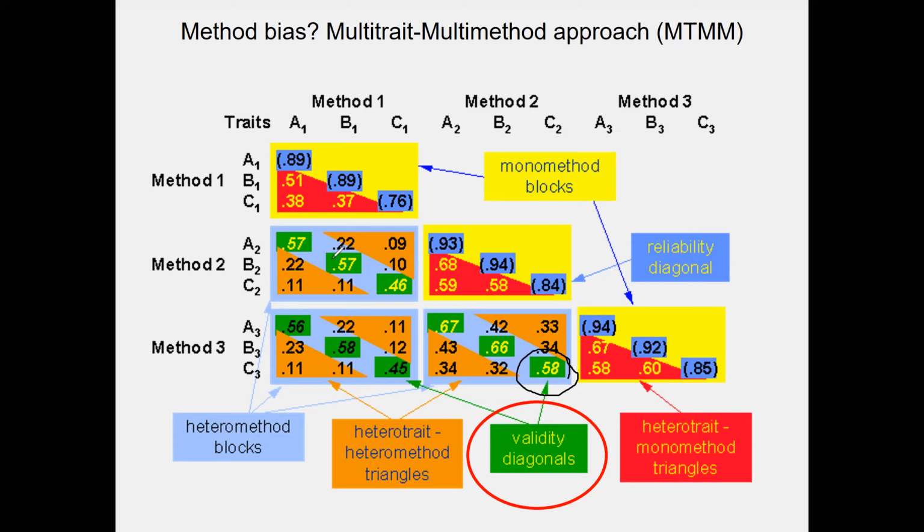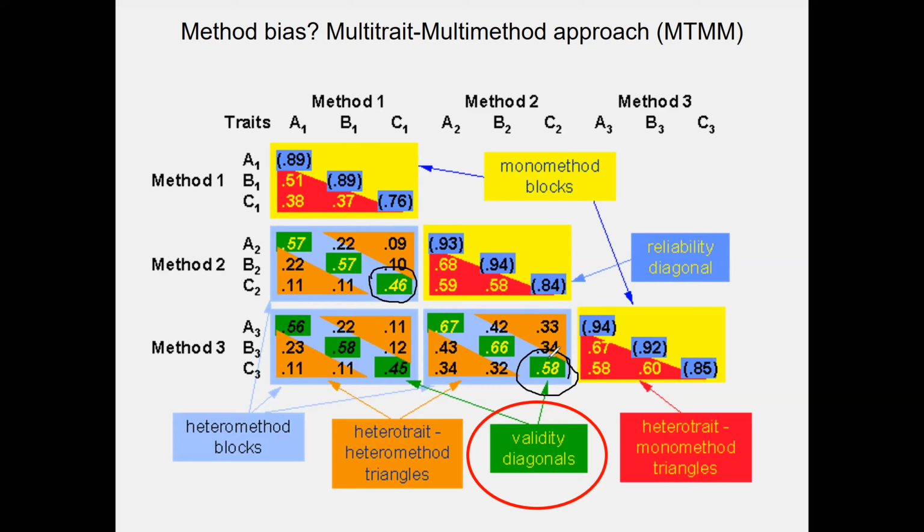So for instance, another place we can look is the mood disorder here. This is a validity diagonal. And this one represents mood disorder as reported by the clinician with mood disorder as reported by the self, method 1. So do the clinician and I agree about my symptoms of mood disorder? Do the clinician and my spouse agree about my symptoms of mood disorder?